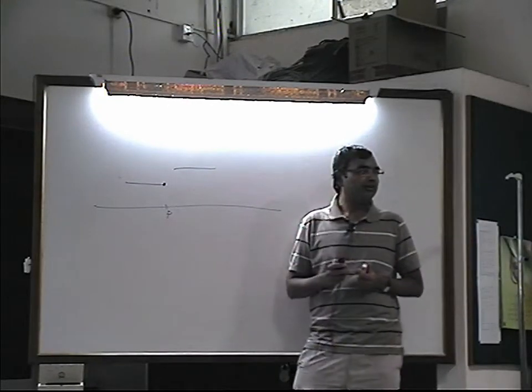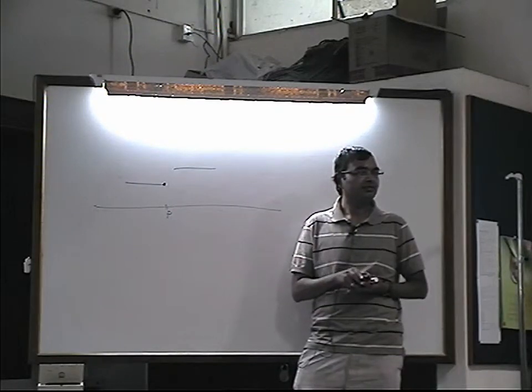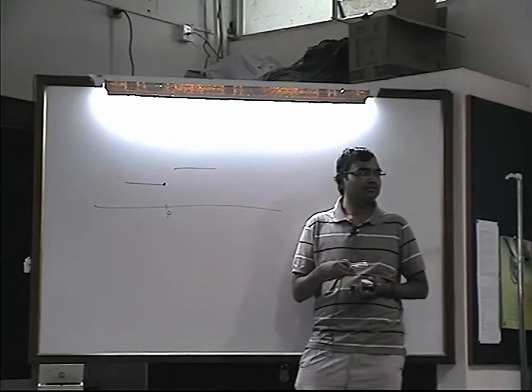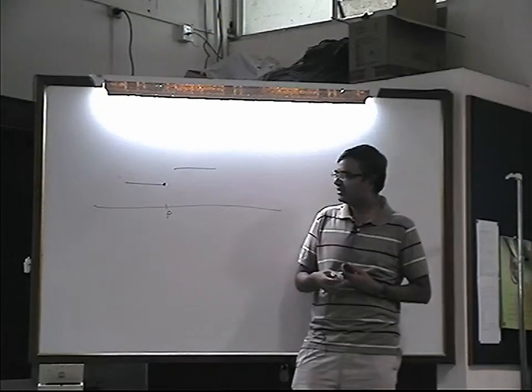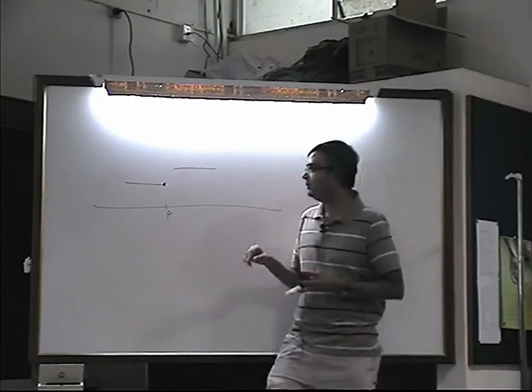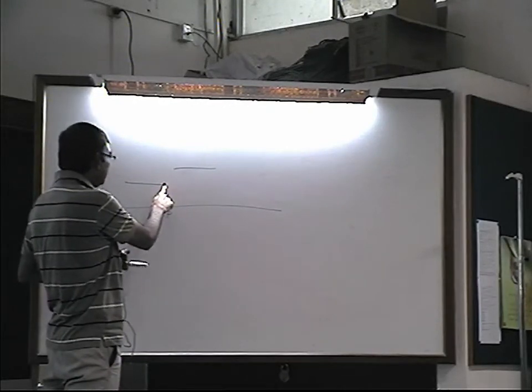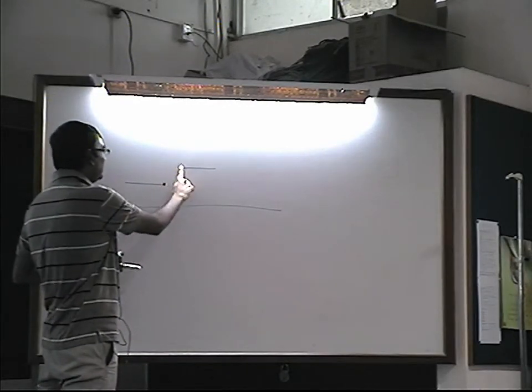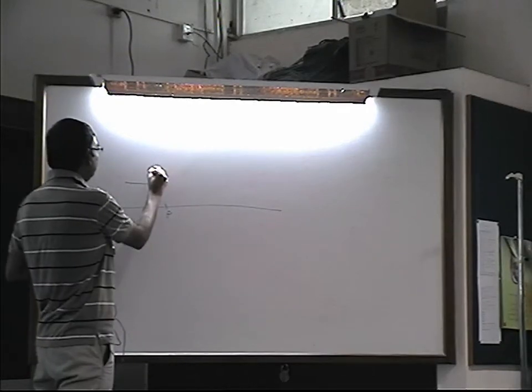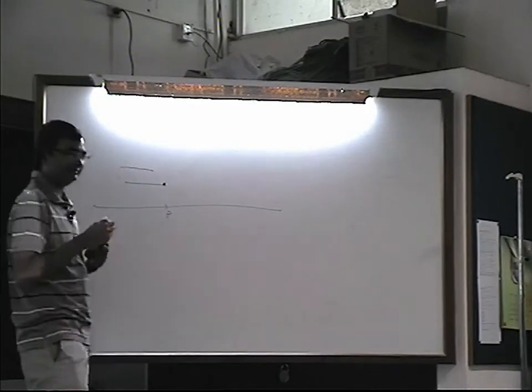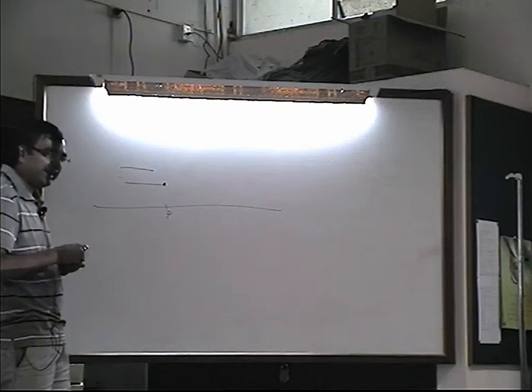Is the proof complete? Right? So the proof is only partially complete because it might happen that an interval is not containing this point because it is ending before. Then there is again a contradiction.